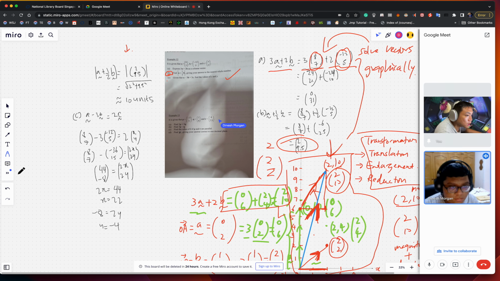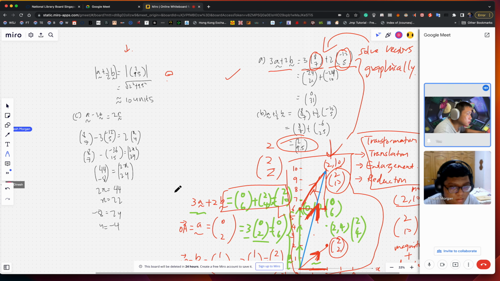Should I just erase this? You can just move the picture somewhere to the left or right, so that you have blank space and just work on there, because I can see where your cursor goes.